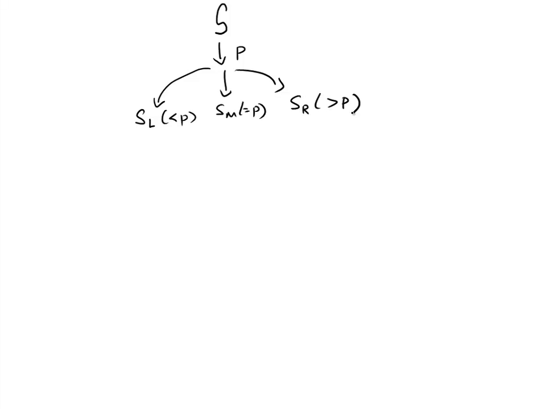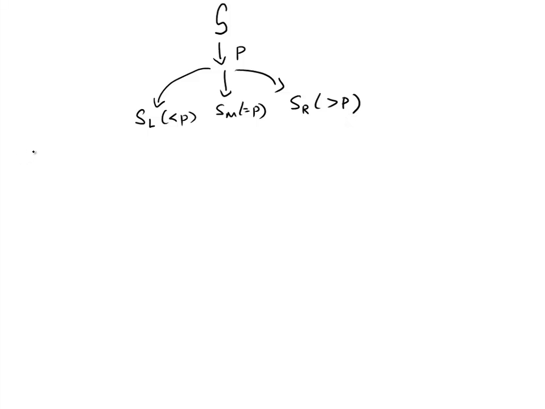So this idea of taking a list of numbers S and choosing a pivot P, and then partitioning the list into three parts, SL, those elements less than P, SM, those numbers equal to P, and SR, those numbers larger than P, has other applications as well.